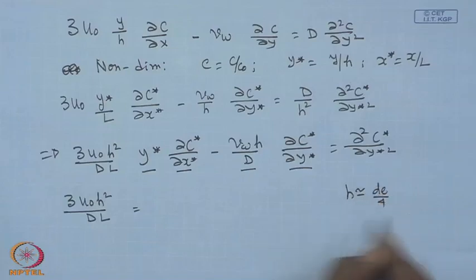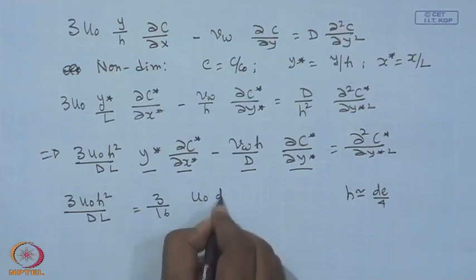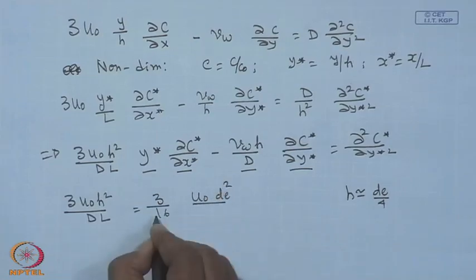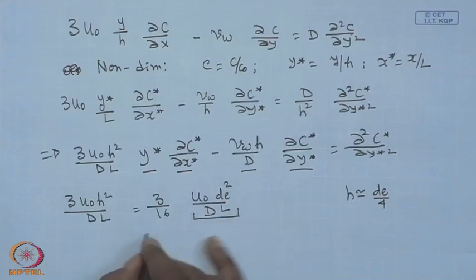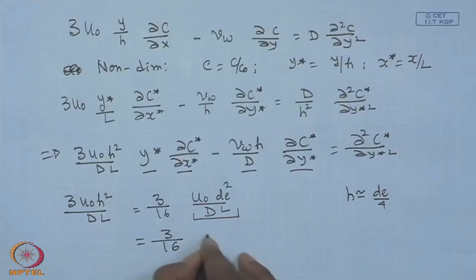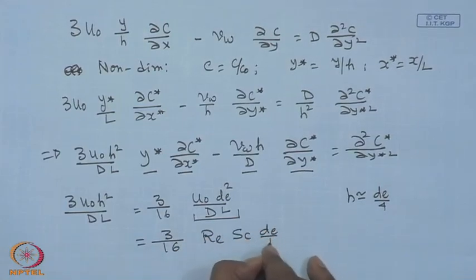So, this will be d by 4. So, this will be 3 by 16 u 0 d square by D L. Now, if you break this down into Reynolds and Schmidt, this becomes 3 by 16 Reynolds Schmidt d by L.